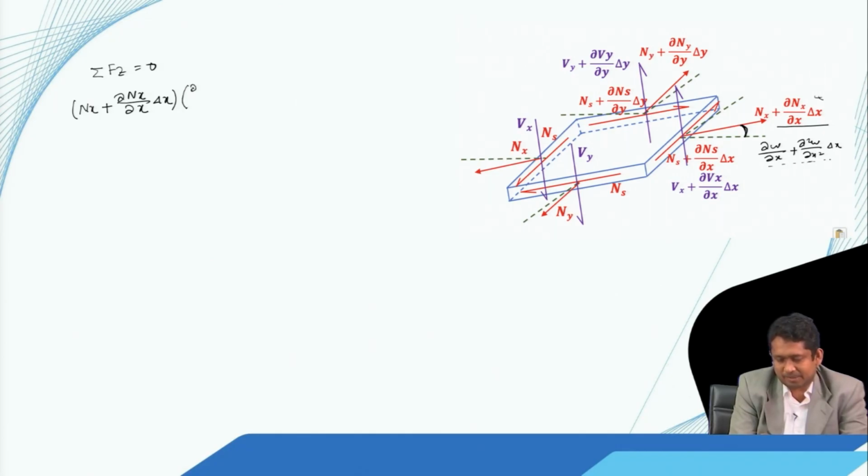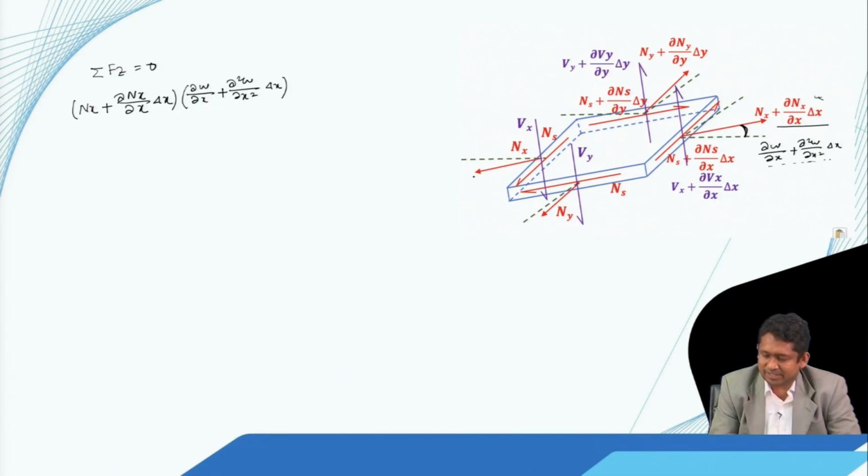Now here we assume that these angles are small, that means the slopes corresponding to this deformed shape are not so high. If this angle is small, then the sine of this angle is equal to the angle itself. So we can write Nx plus del Nx by del x multiplied by delta x, and then we multiply the entire thing by del w by del x plus del 2w by del x2 into delta x.